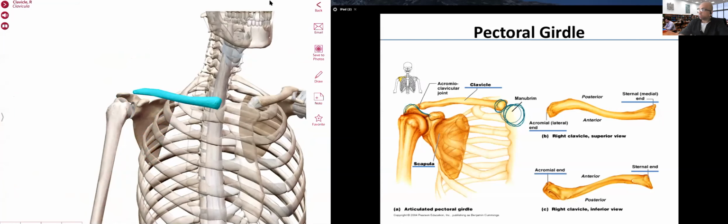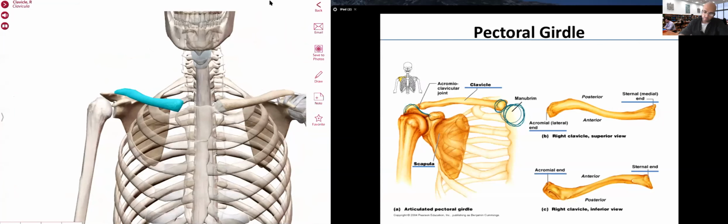The clavicle articulates with the manubrium of the sternum, and the end of the clavicle that articulates with the sternum is what we call the sternal end. Another name for this end, because it's directed towards the midline, is the medial end.